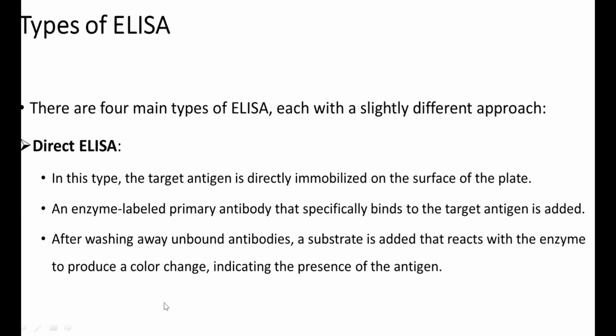When the substrate is added and the enzyme reacts with the substrate, it develops color. When that color is measured, it gives the result quantitatively and can help us predict whether the patient has too much antigen in their body or has no antigen. That is the direct ELISA.